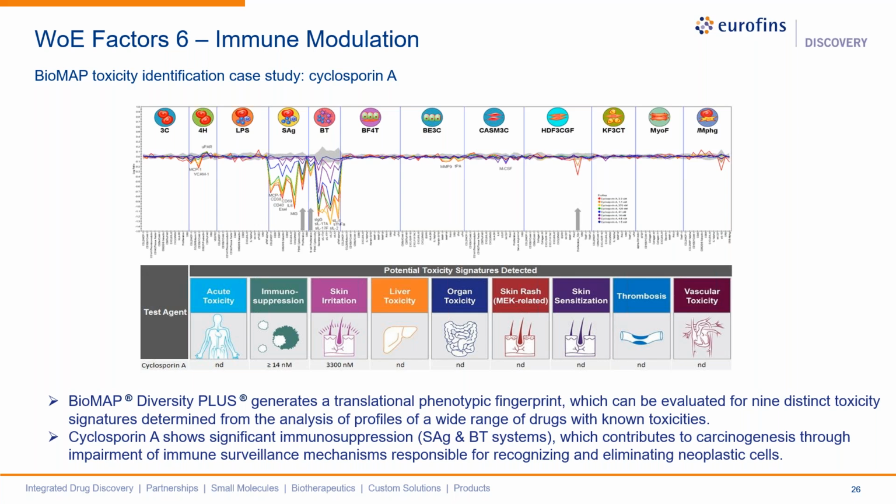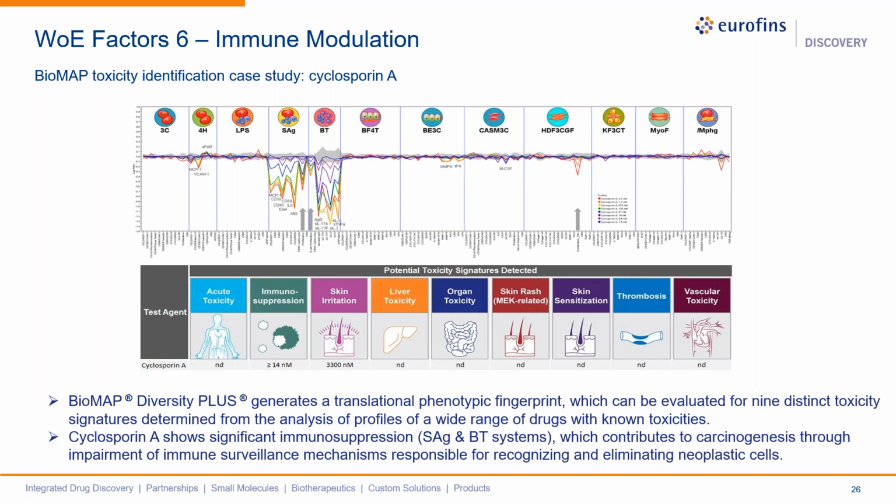The lower portion of the slide shows immunosuppression clearly identified at concentrations as low as 40 nanomolar. This immunosuppression effect directly connects to carcinogenesis through the impairment of immune mechanisms.